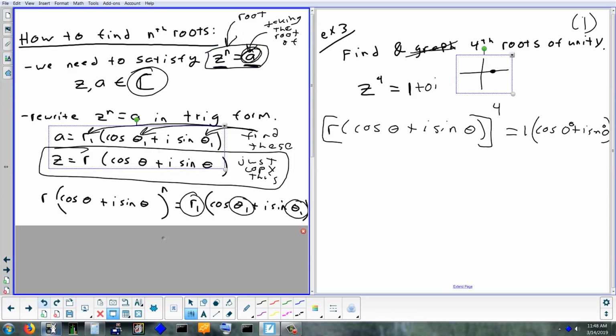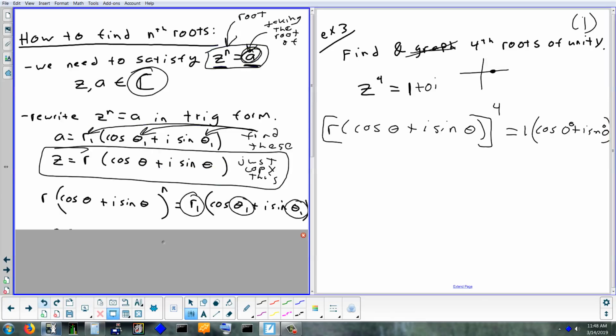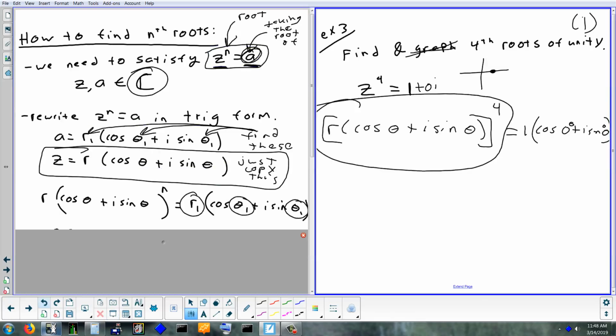R was 1, the angle was 0. Now, this part, you want to use DeMoivre's theorem to do out the left-hand side.